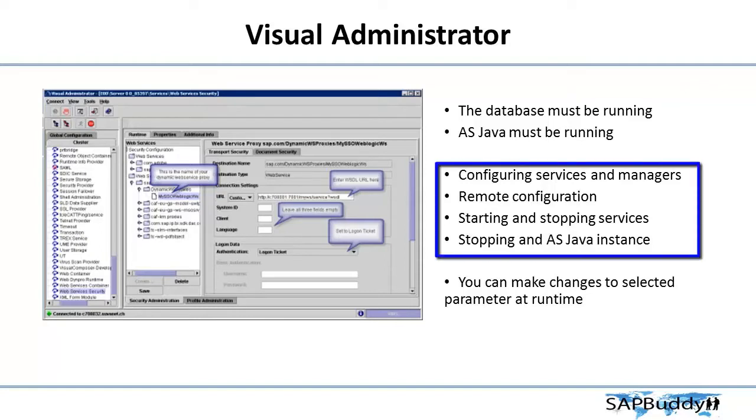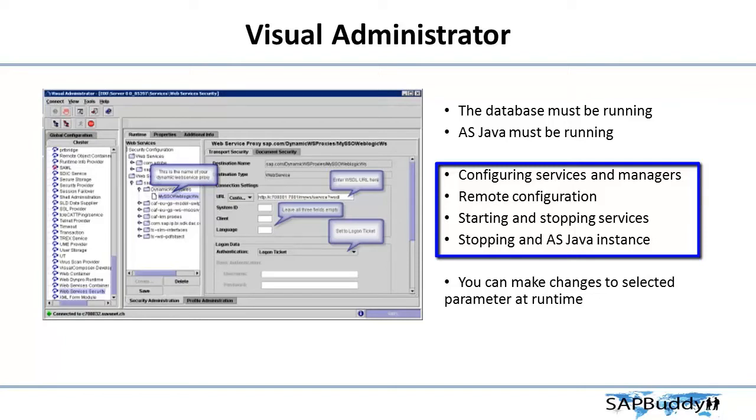In this way, if you install it like that, it can be administrated remotely, and you can use the Visual Administrator to configure services and managers of your Java instance. Then you can also do parameter changes for the runtime environment.